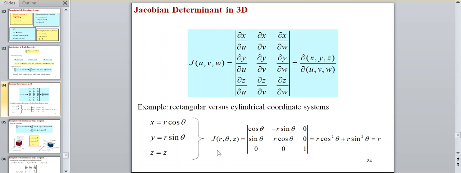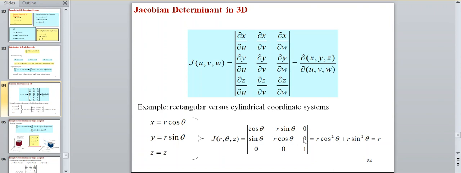So what is the Jacobian of this cylindrical coordinate system, or cylindrical substitution? J of r, theta, z. The first row, the partial derivatives of x: the derivative of x with respect to r, the derivative of x with respect to theta, the derivative of x with respect to z, which is 0.